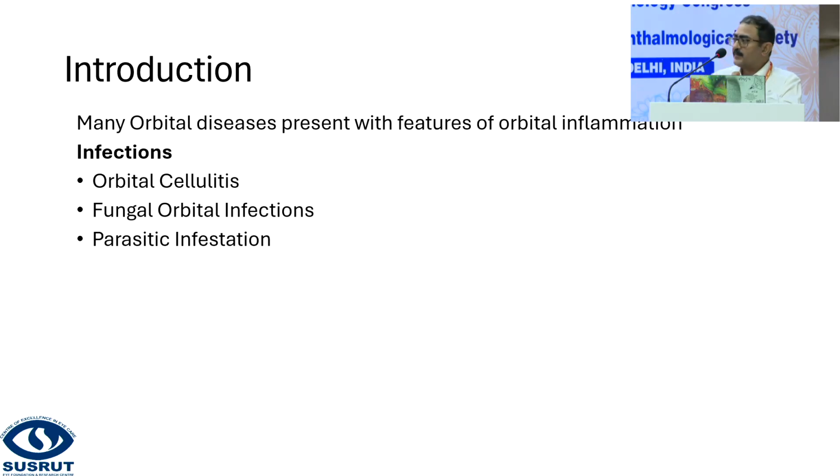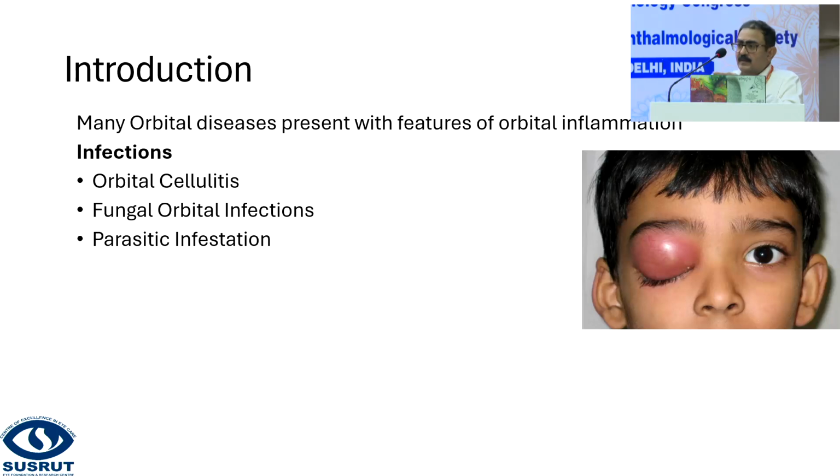Okay, so as Shripuna pointed out in the beginning, you have typical inflammations because of infection. So whether it is orbital cellulitis or fungal disease or a parasitic infection, they present with inflammation. We are all familiar with the 5 points of inflammation, which is redness, increased temperature, etc. But this is actually a patient of orbital cellulitis, acute presentation.